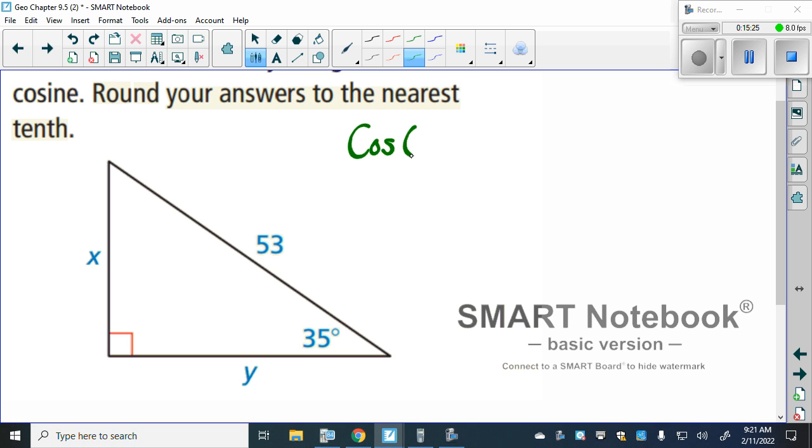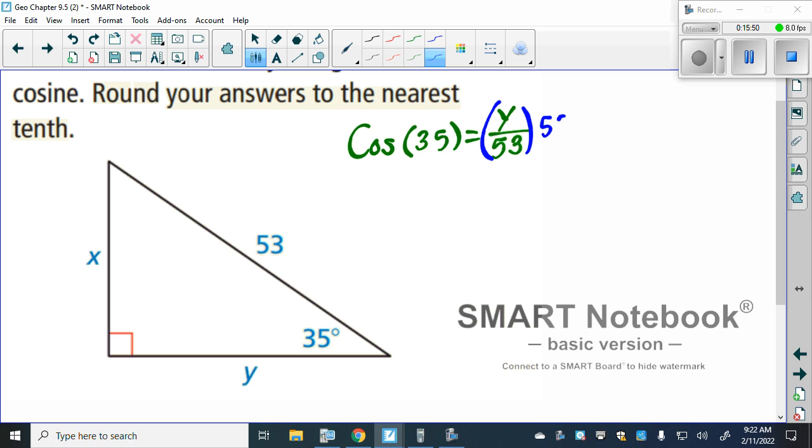Cosine of 35 is equal to y over 53. Because y is the adjacent side to that angle, and 53 is the hypotenuse. Then what would we do next?